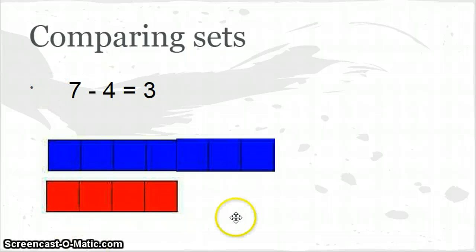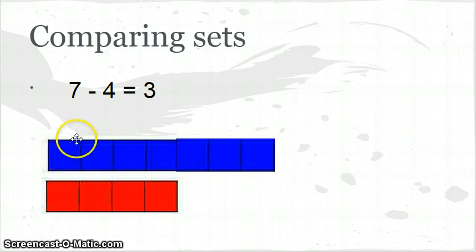Because I have the two cube trains right next to each other, I can quickly determine that the blue train has more cubes than the red train, so I know that will be the number I start with.